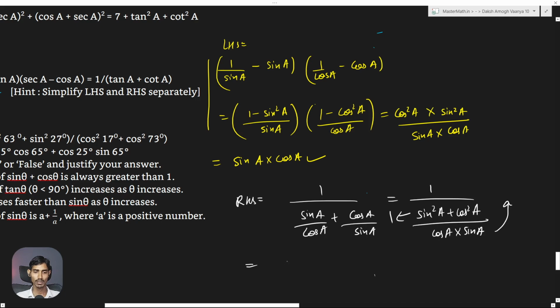So this becomes sine A into cos A divided by 1, which is the LHS. Is that okay?